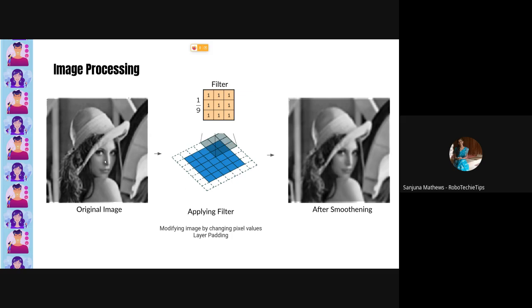In that way, we will be able to denoise by smoothing. Also, you can see here, to place the filter at this point, we need to pad, by adding zeros here, so we can use the filter at pixels like the edges.